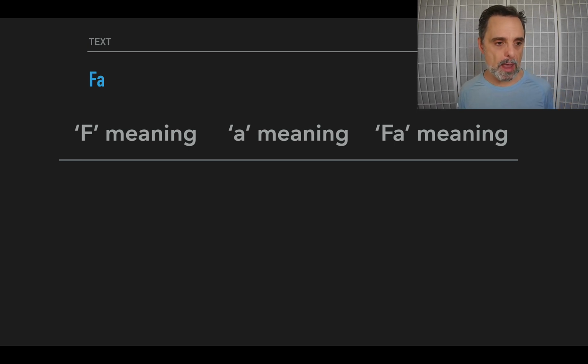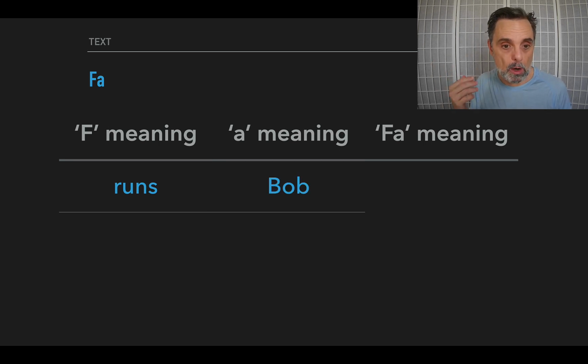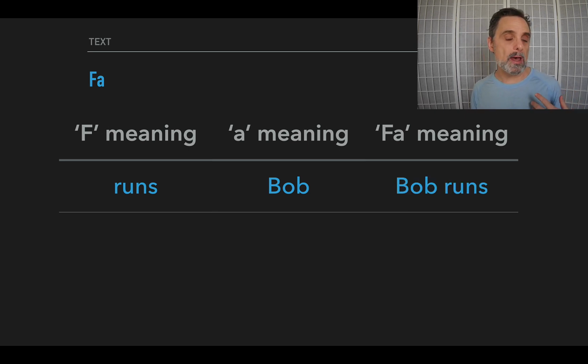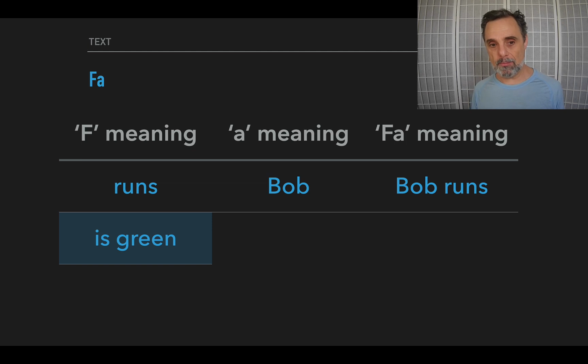So let's suppose that F, remember, is a predicate letter, so it symbolizes things like verbs and verb phrases. F might mean runs. What kind of thing is A? A is a name, so A might symbolize something like Bob. So then FA would symbolize the English sentence, Bob runs. Or maybe F means is green, and A means Jane, another name.